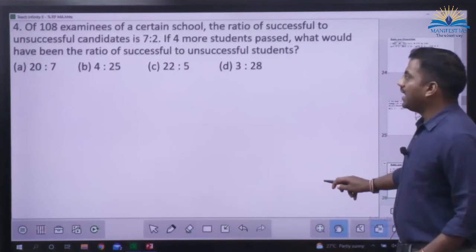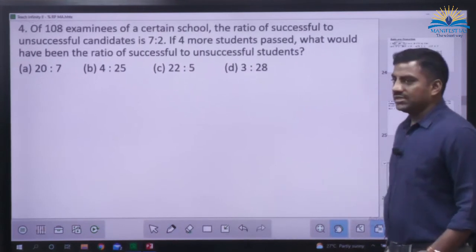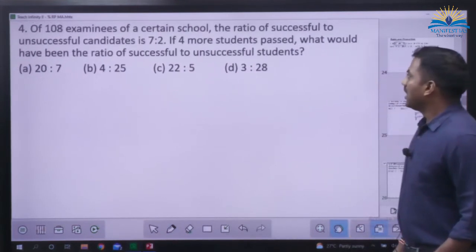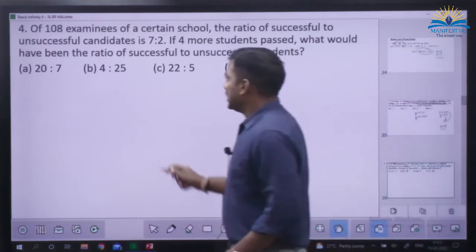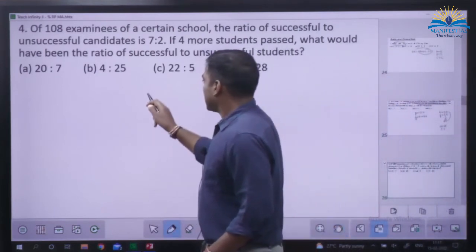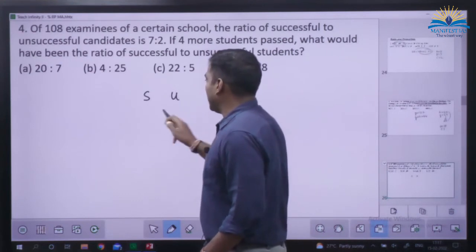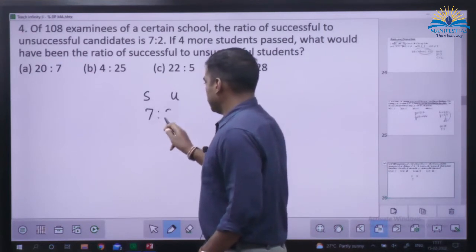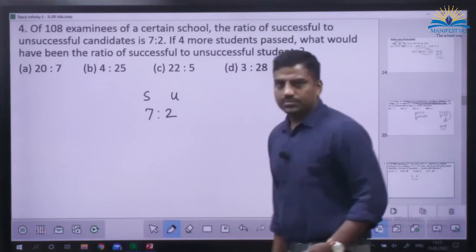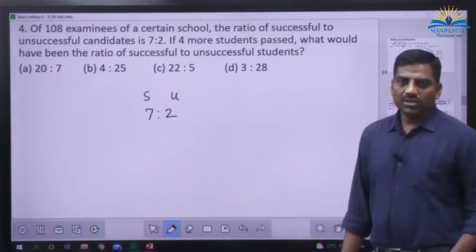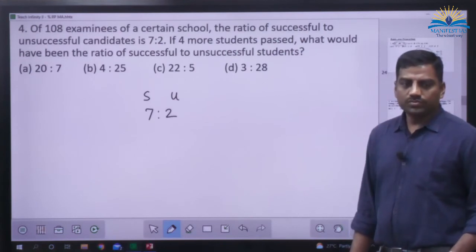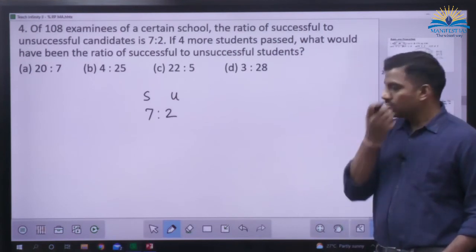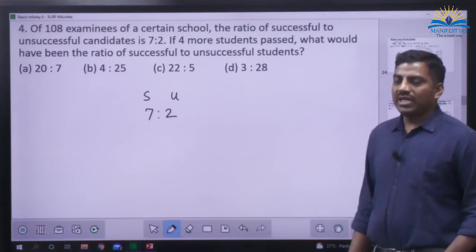Of 108 examinees of a certain school, the ratio of successful to unsuccessful candidates is 7:2. What does that mean?